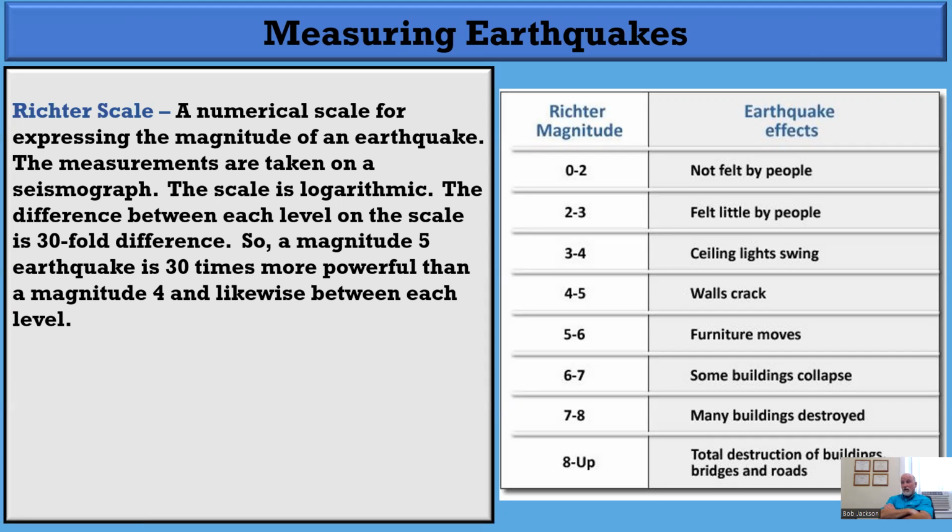Okay, so particularly when you get on up to 6, 7, and 8, each step up is 30 times more magnitude. So when you get up here to 7 and 8, you get total destruction, because each jump up the scale is 30 times more powerful.